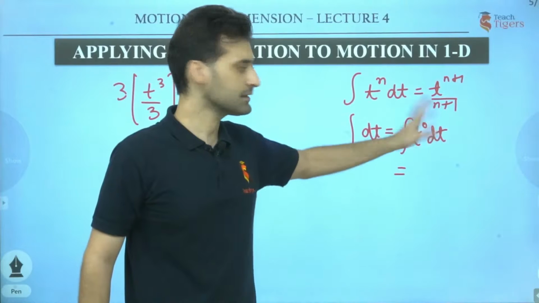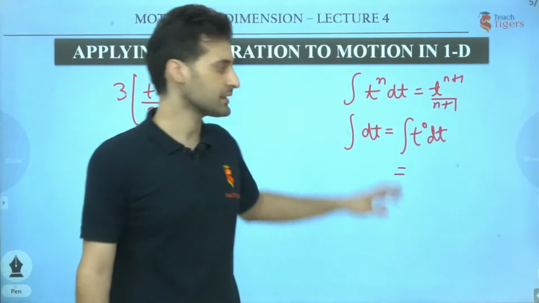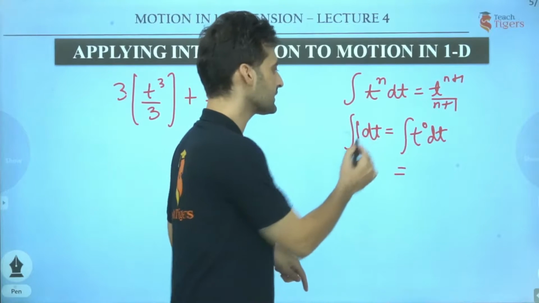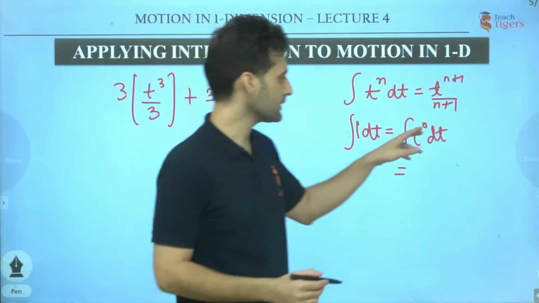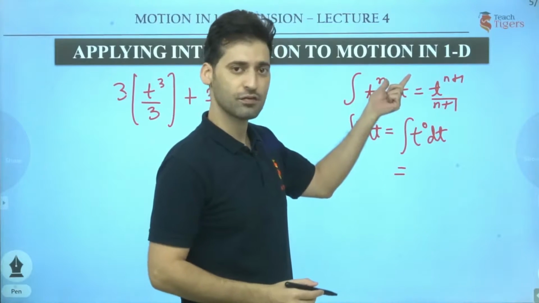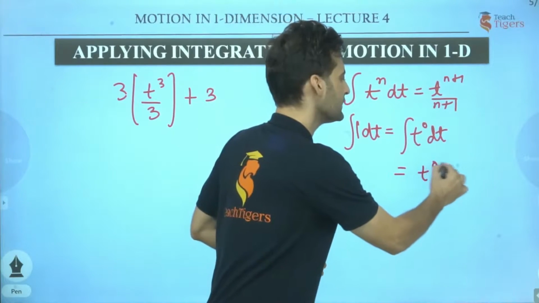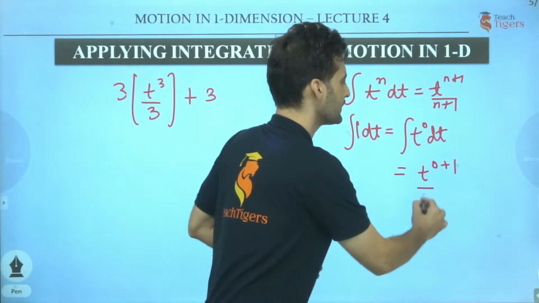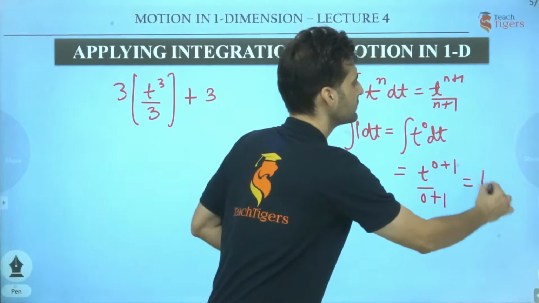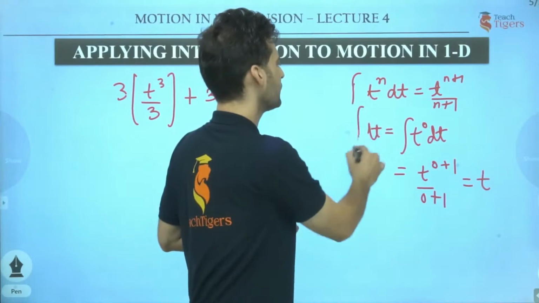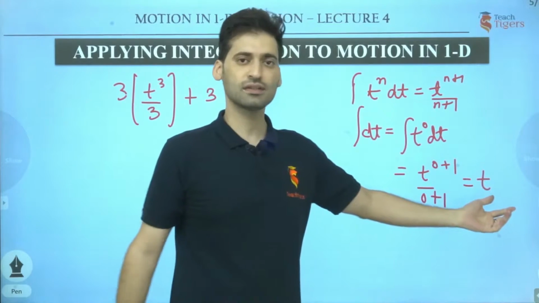Why? Because anything raised to power 0 is 1 only. There is a factor of 1 over here. If I apply the formula above, n becomes 0. So what will be my answer? T raised to power 0 plus 1 divided by 0 plus 1. That means t only. So can I say integration of dt is t only, not something else.